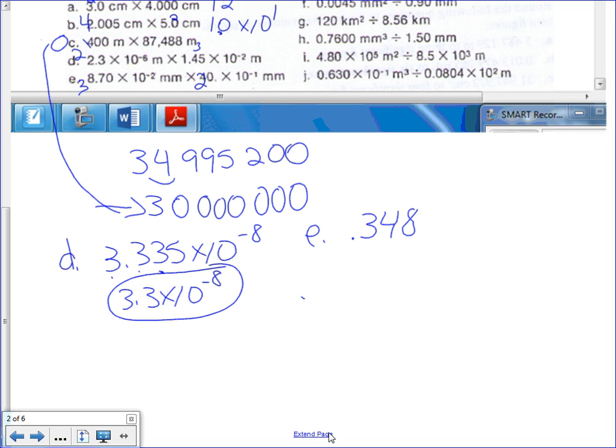And we need to round this to 2 significant figures. So look at this third number. It's an 8. Is that going to round our 4 up or leave it? It's going to round it up. So our answer is 0.35. Right. These last 3 or so, those were kind of tricky. Those are probably the hardest ones. So if you can do C, D, and E, they're not going to get any harder than that.